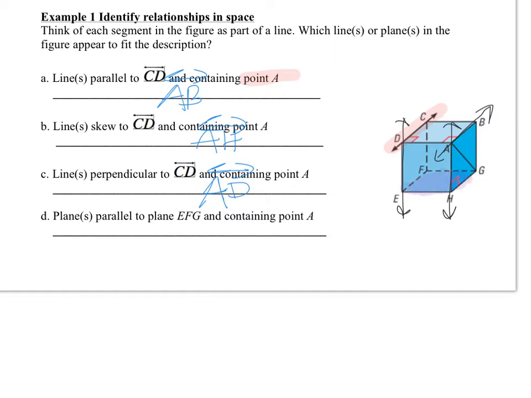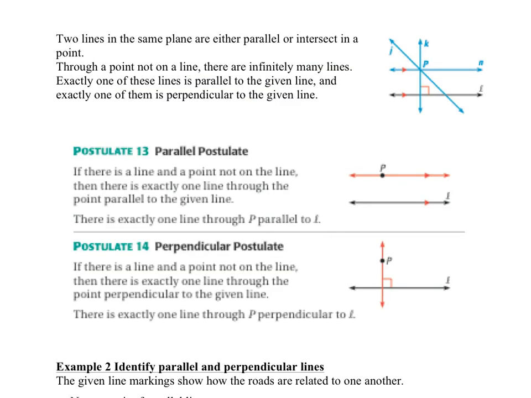So EFG is here on the bottom. And I need a plane parallel to that containing point A. So that would be the top plane. And you can name it any three letters. I'm going to call it ABC. Okay.